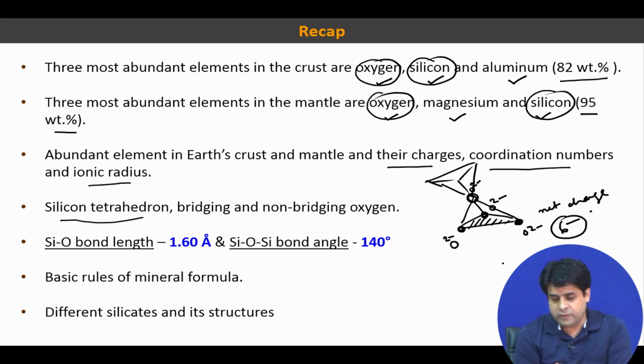If you want to combine the tetrahedron from the base, because the charges are large, there will be a repulsion, and it is not possible to combine these tetrahedra from the base.